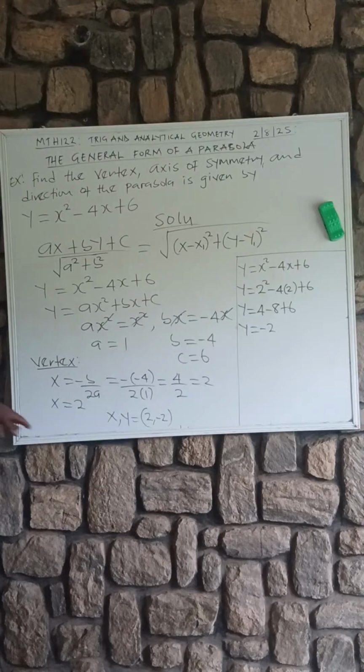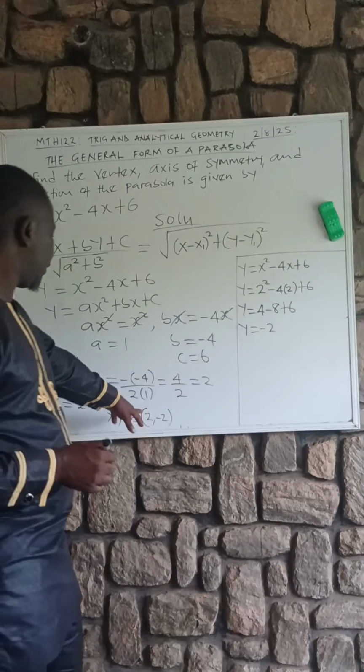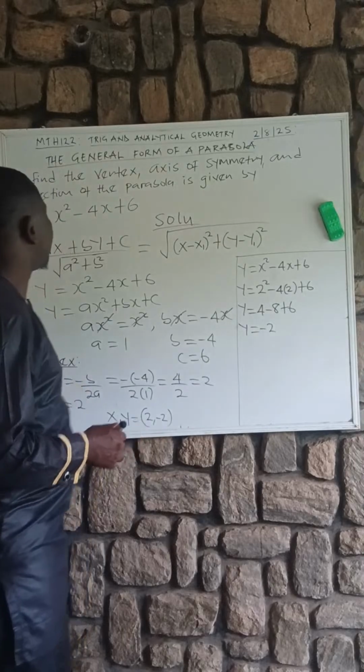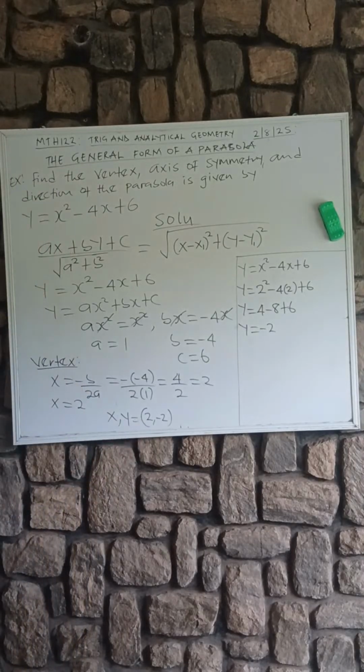So that is the vertex for x and y. Let us move further to consider the axis of symmetry. The axis of symmetry is the vertical line that passes through the vertex.